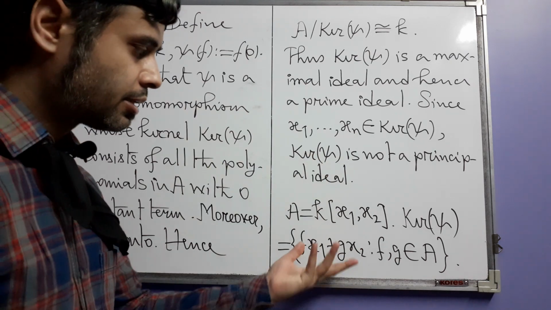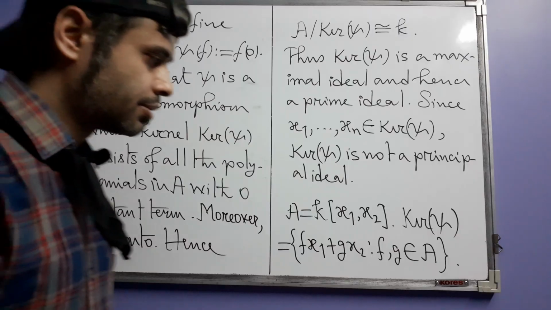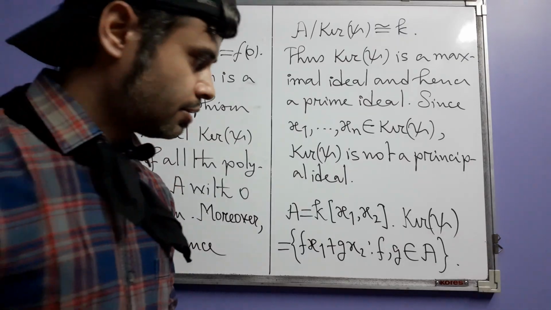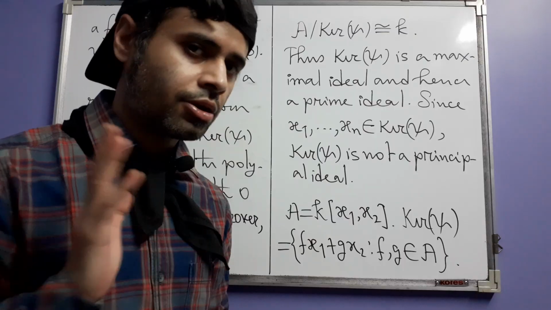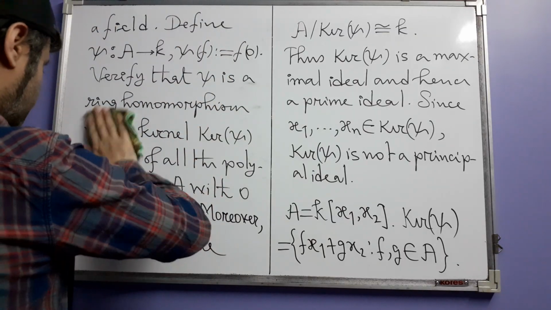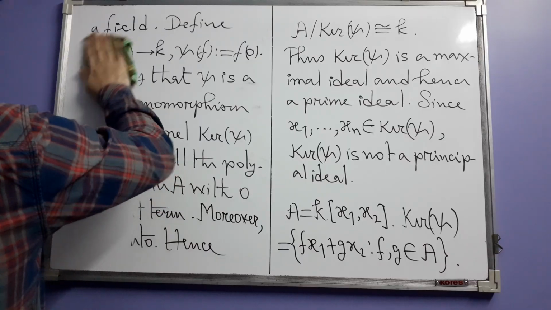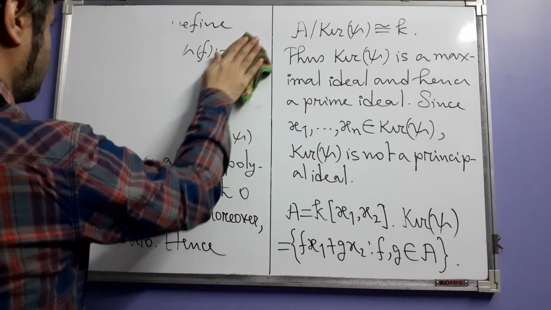So, from this you can guess the general case also if there are n variables involved. Say we want to show that this ideal is not a principal ideal. This is something which you may have already seen in number theory somewhere, not in Herstein's book.